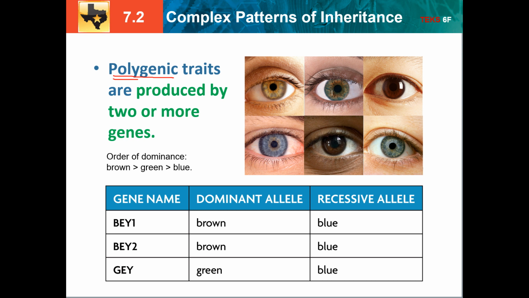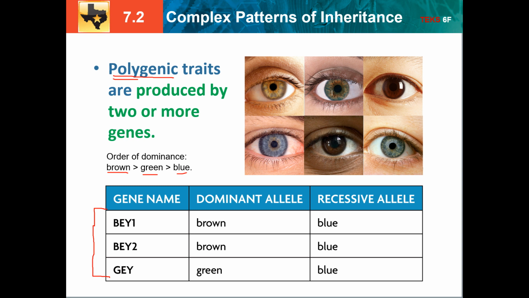We don't completely know all of the genes involved with the color of your eyes, but it's been narrowed down to most of it being determined by three genes, and these are their names right here, where the alleles have different levels of dominance.